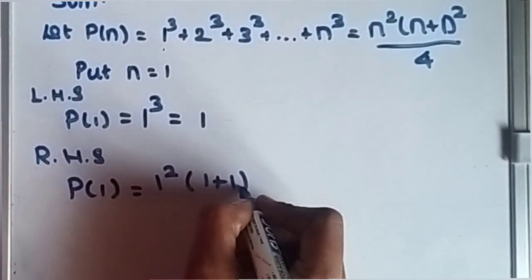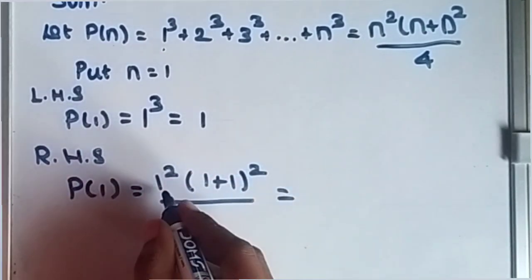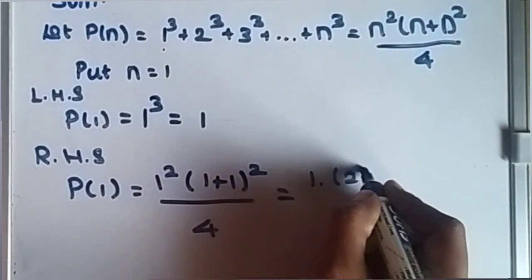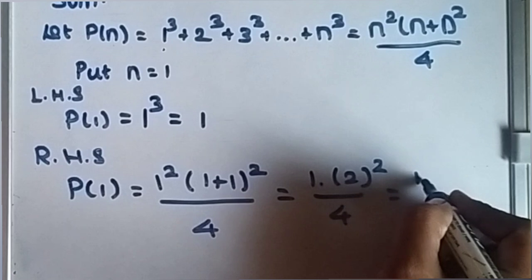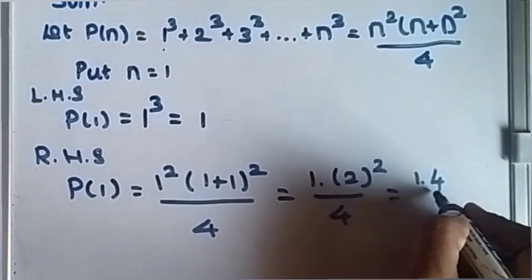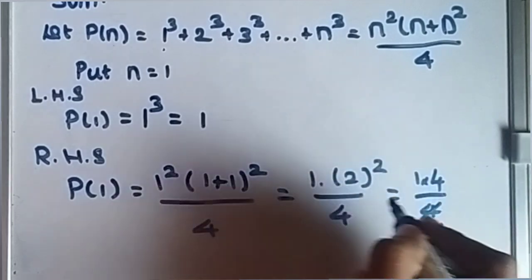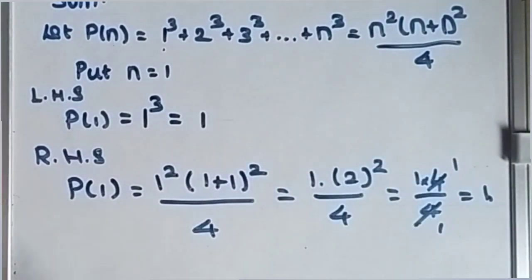So (1 plus 1) the whole square divided by 4. 1 squared is 1, 1 plus 1 is 2. 2 squared divided by 4, which is 1 multiplied by 4 divided by 4. So we can cancel this. It's multiplication: 1 fours are 4, 1 fours are 4, it is equal to 1.